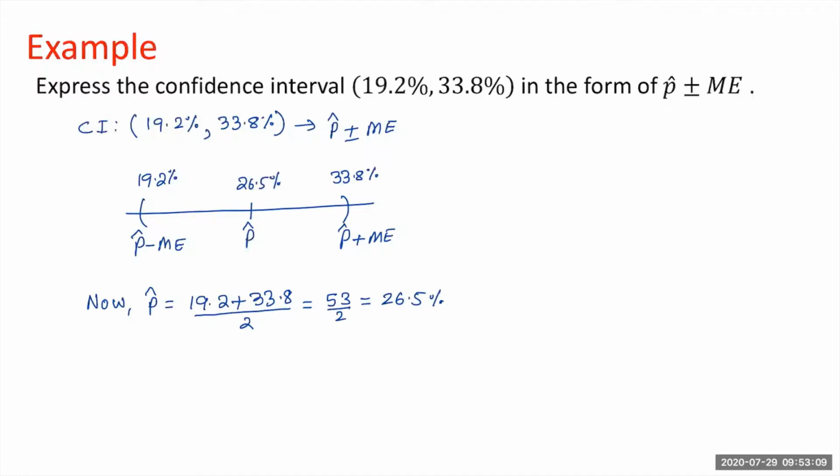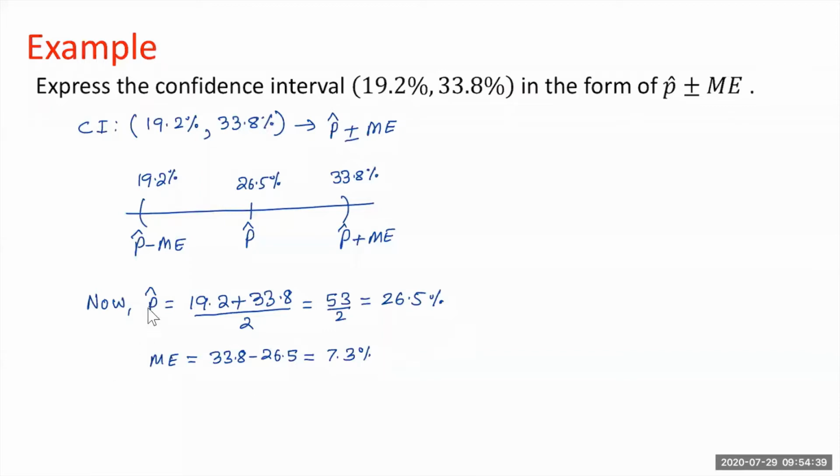That is your p hat. So margin of error, you can write ME is equal to 33.8 minus 26.5 or 26.5 minus 19.2. I'm going to do 33.8 minus 26.5. So if you subtract that, you should get 7.3%. That is your margin of error.